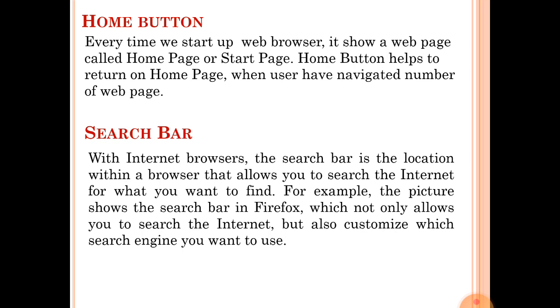The search bar is the location within the browser that allows you to search the internet for what you want to find. If you want to find any web page or website, you can just type the topic you want in the address bar. You will get the list of web pages or websites on the browser window.